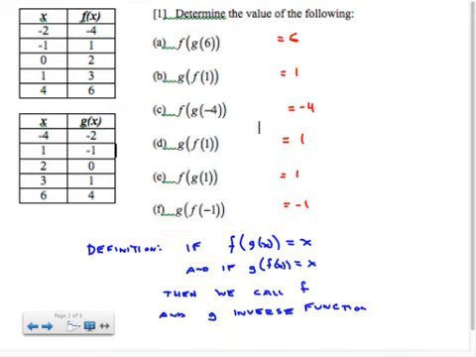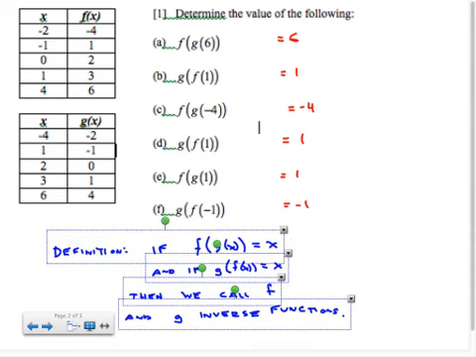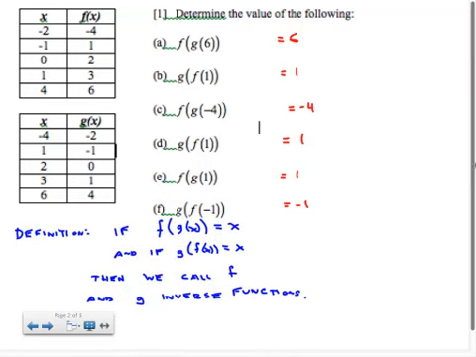And let's introduce a symbol for an inverse function. So let's see if I can move this over here. Okay, so this symbol right here, f with an exponent of negative 1 of x, is going to be the symbol for the inverse function to f.